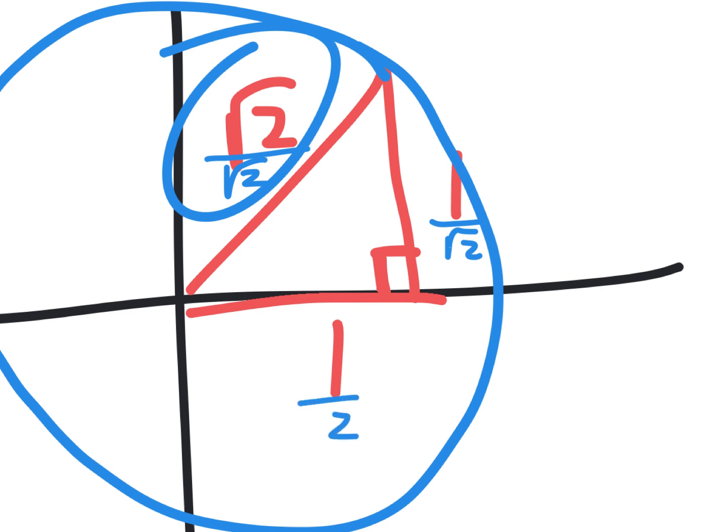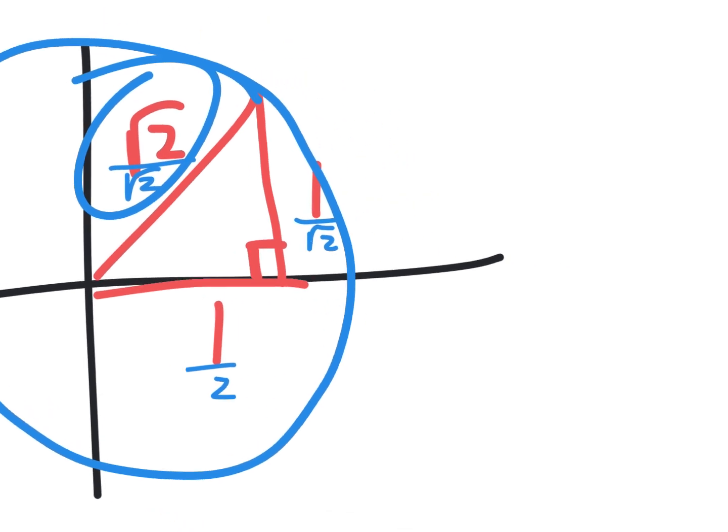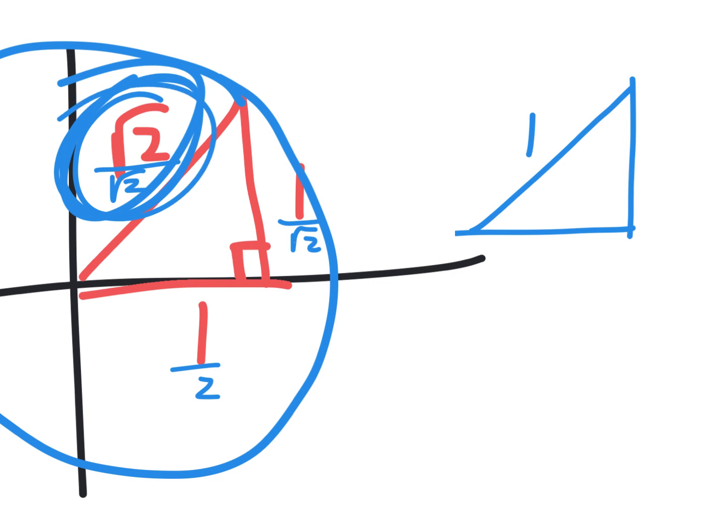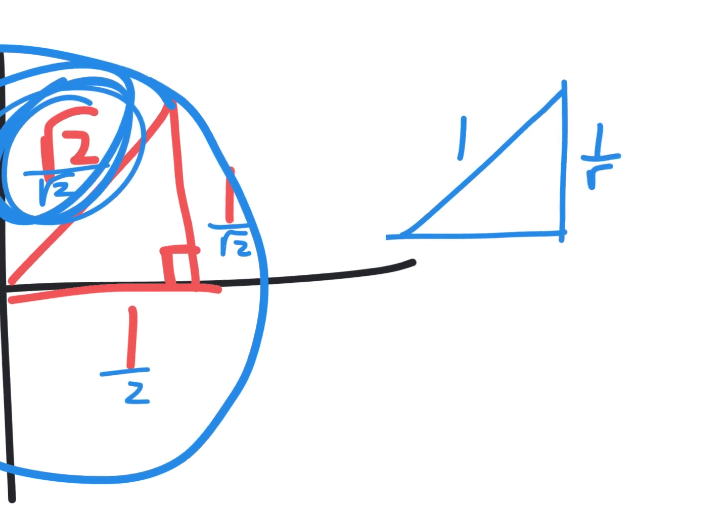I made my right triangle stay the same proportions, but instead of multiplying everything by something, I divided everything by something, because root 2 over root 2 is now equal to 1. Do you get that? Now I have a weirder looking, but still 45, 45, 90 triangle where that's 1, and this is 1 over root 2, and this is 1 over root 2.